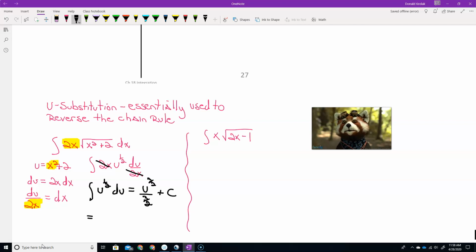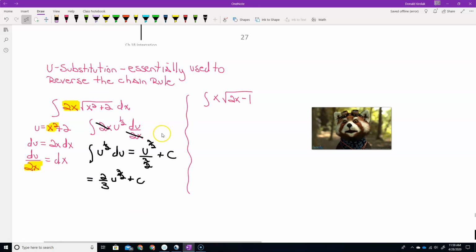When I simplify that, I'd have 2/3 u to the 3/2 plus my constant of integration. Now I substitute back in my value of u, and there's my antiderivative.